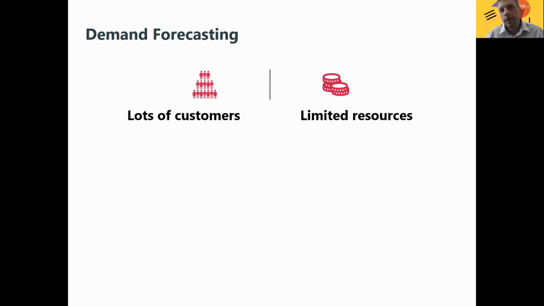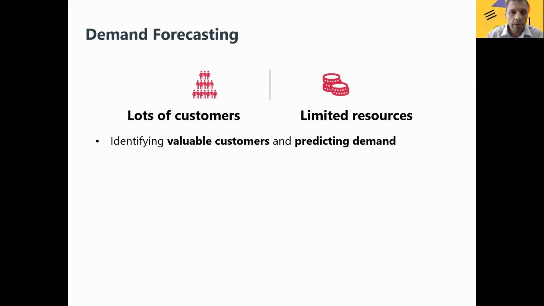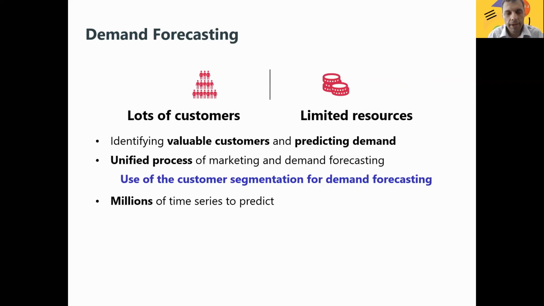Okay, I will discuss topological data analysis not just as it is, but in relation to an applied problem of demand forecasting. As usual, we have lots of customers and limited resources, and we would like to identify valuable customers and predict demand in order to optimize marketing campaigns and other things.